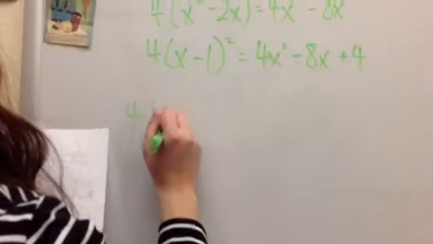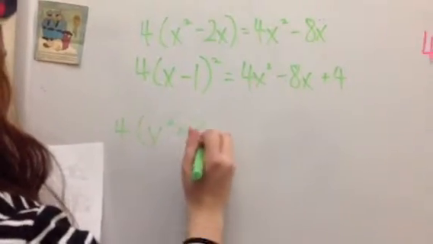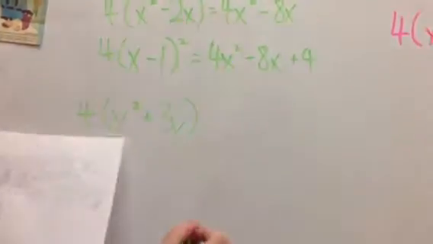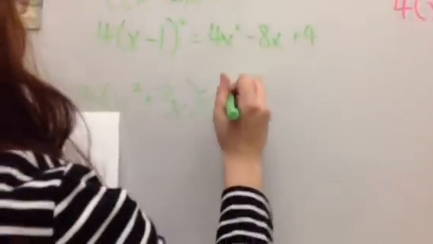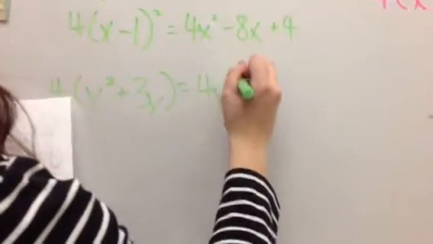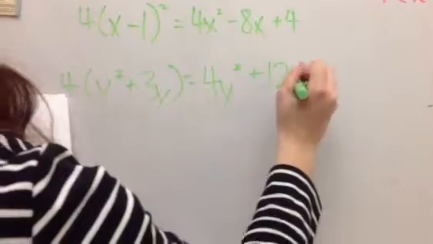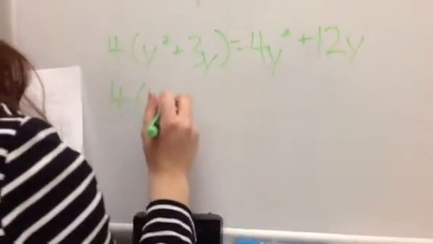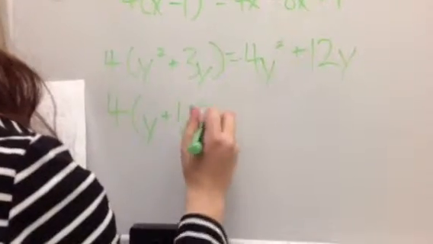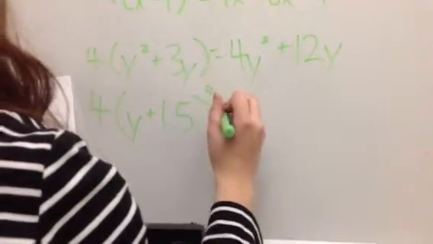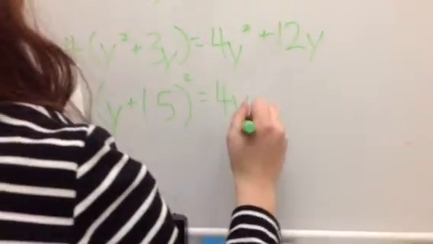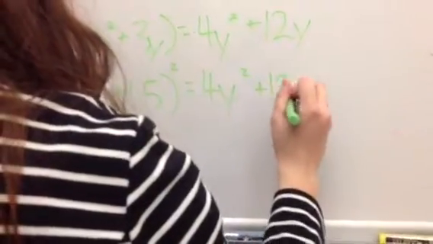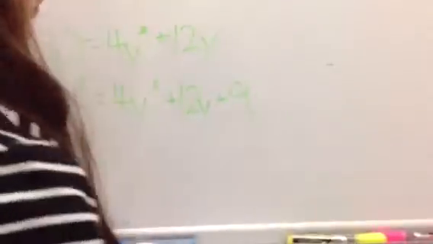Now same with the y. 4 times quantity y squared plus 3y is equivalent to 4y squared plus 12y. Now, when she transformed it into 4 times quantity y plus 1.5 squared, that is equivalent to 4y squared plus 12y plus 9.